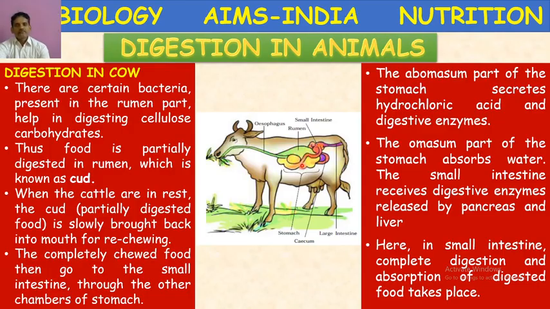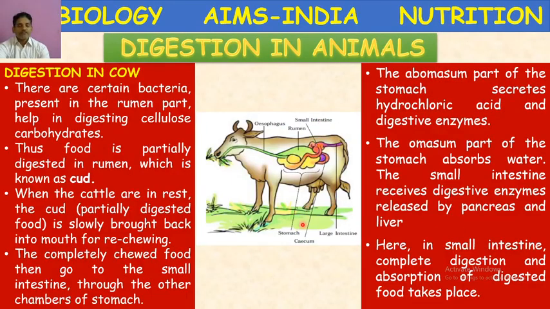In the abomasum, the part of the stomach which secretes hydrochloric acid kills those bacteria and other flagellated protozoans. Then digestive enzymes produced by the liver and pancreas also enter the small intestine, and the process of digestion finishes in the small intestine.